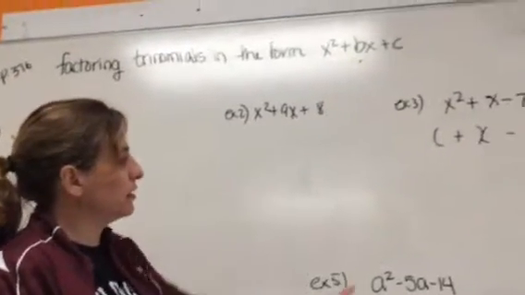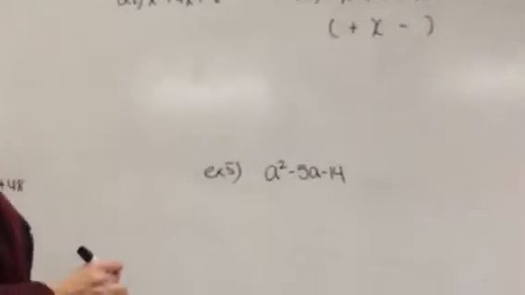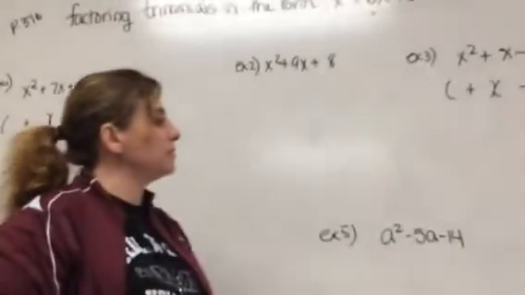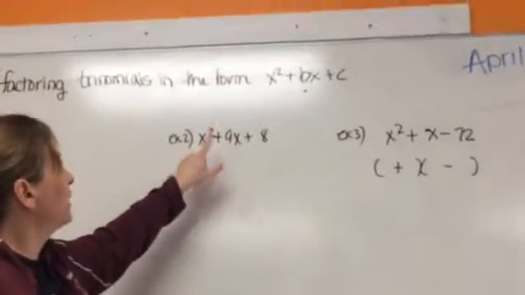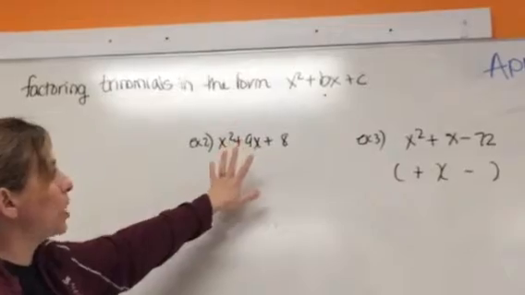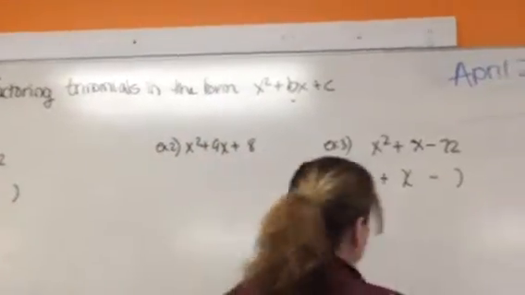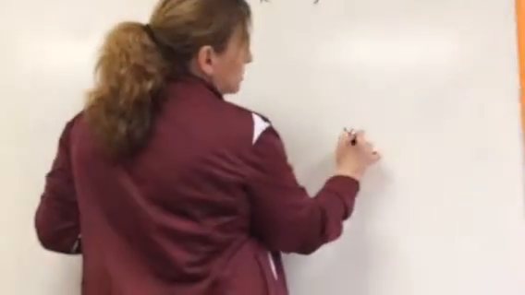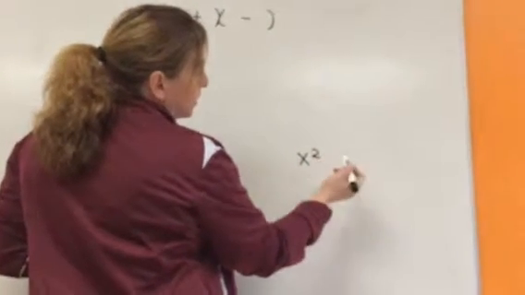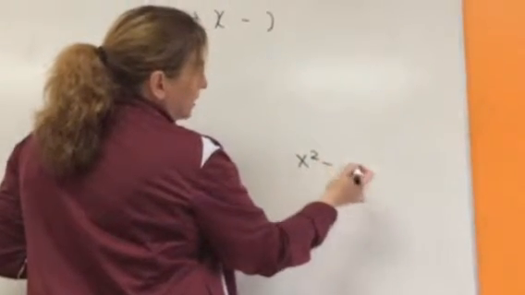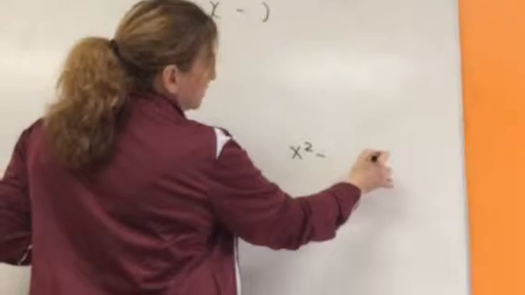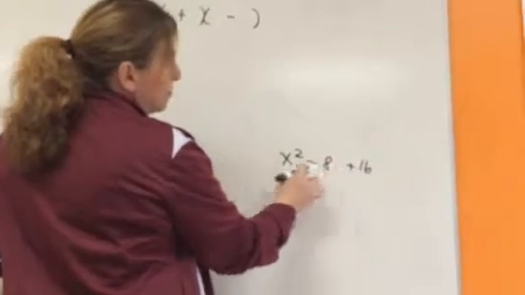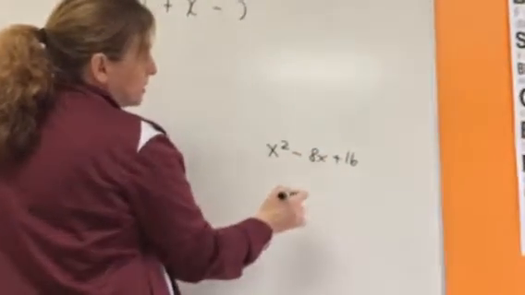I can't see an example of the other kind. I think we did them yesterday where there was a positive and a negative. I'll just give you an example here: x squared minus 8x plus 16.